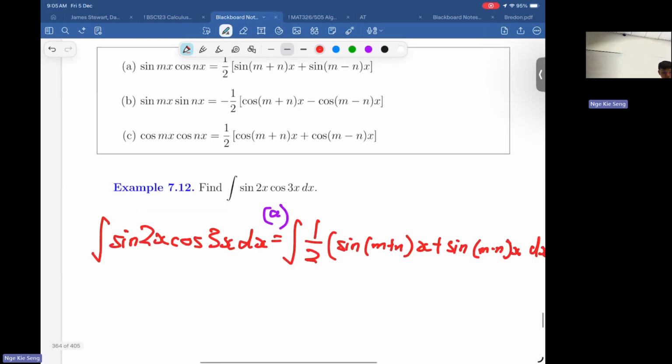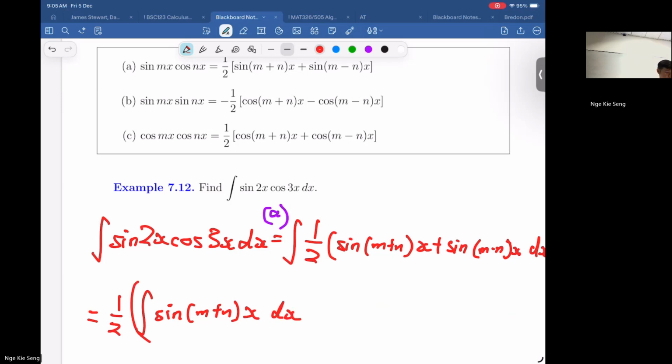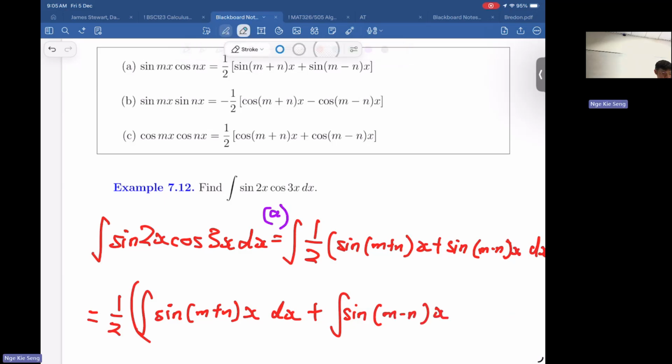Okay, so how to integrate this sum here? Because the integral is linear, I can pull the scalar out. I also can calculate the sum separately and then add them up. So I think I need to substitute my m and n here, right? My m here is 2, my n here is 3.